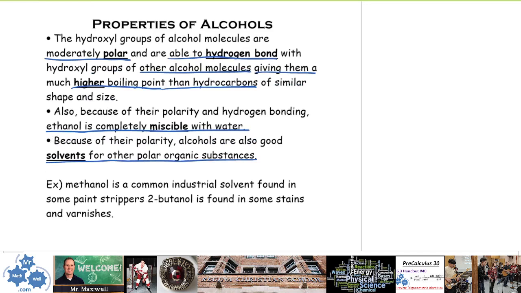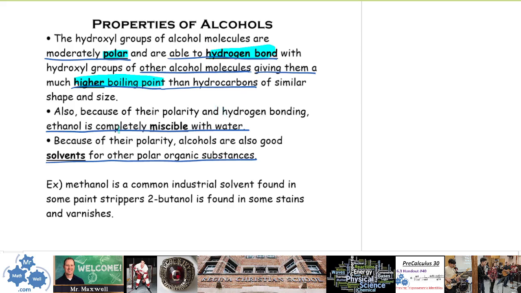The hydroxyl groups of alcohol molecules are moderately polar. Okay, so they have a partial charge on either end, positive, negative. And they're able to hydrogen bond with hydroxyl groups of other alcohol molecules, giving them a much higher boiling point than hydrocarbons of similar shape and size.